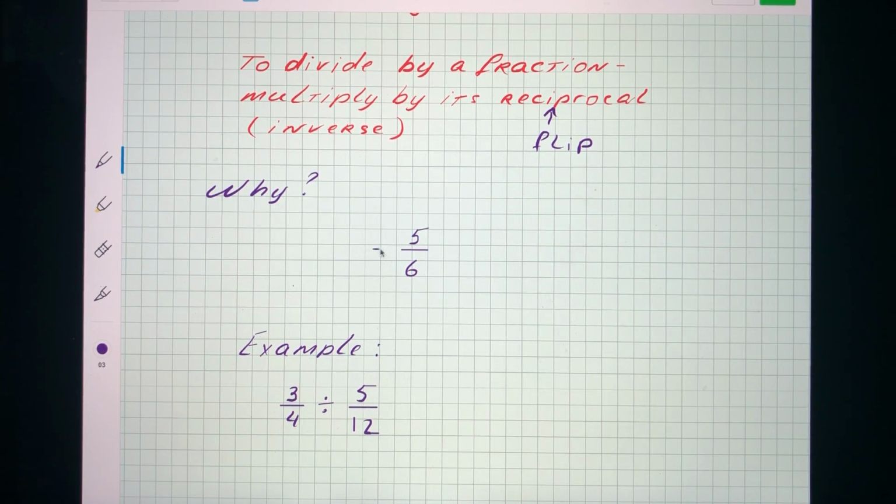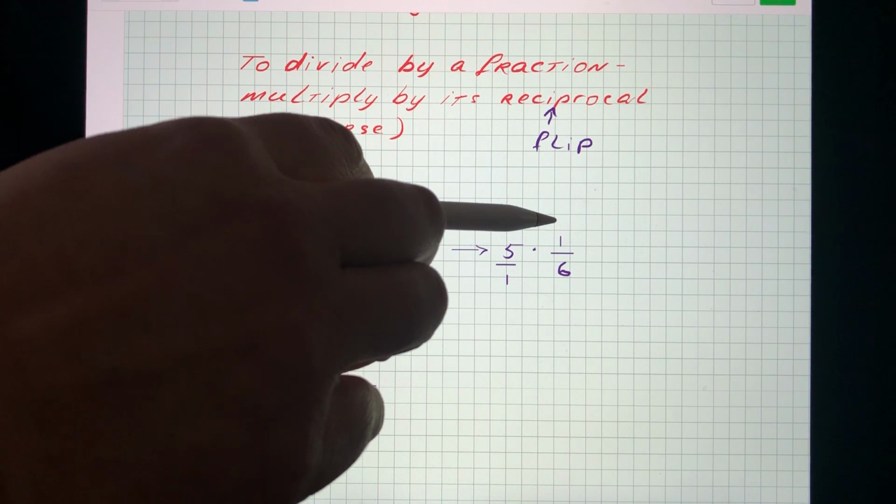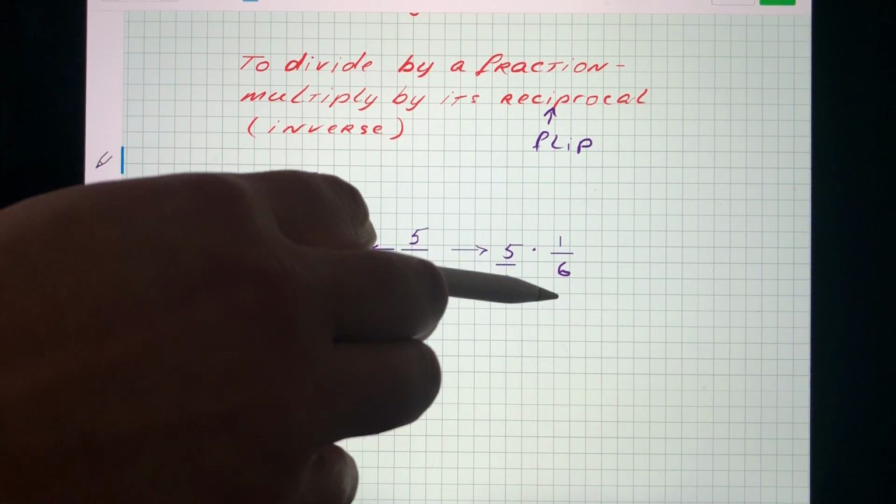So we can say that this is the same as 5 divided by 6, which is 6 over 1. But we can also write the same number as 5 times 1 divided by 6, because if we were to multiply these two fractions, we would be multiplying straight across and we would get 5 over 6.